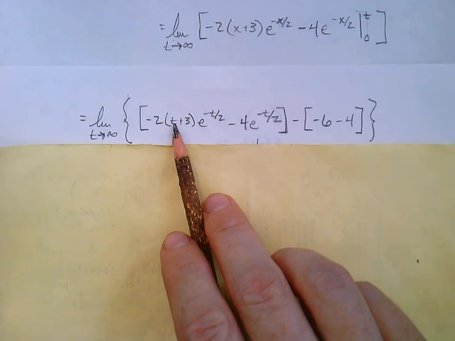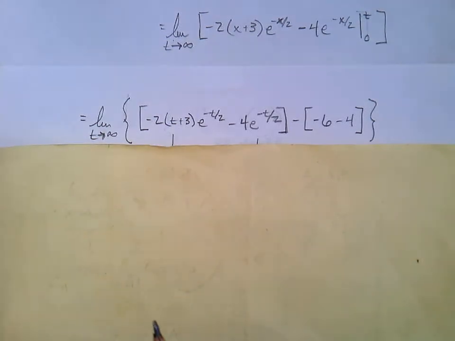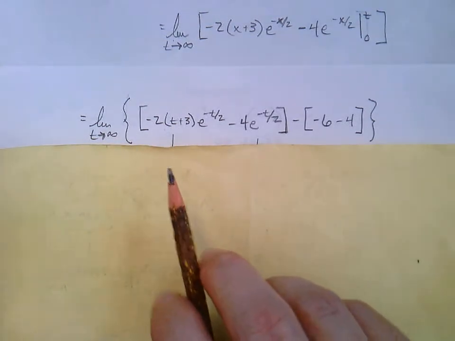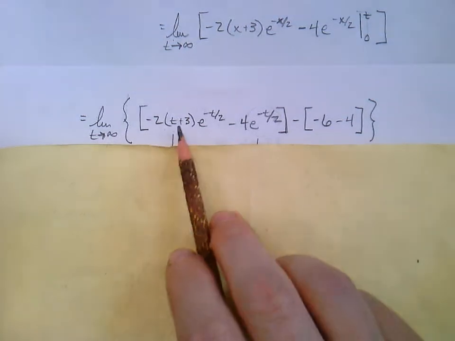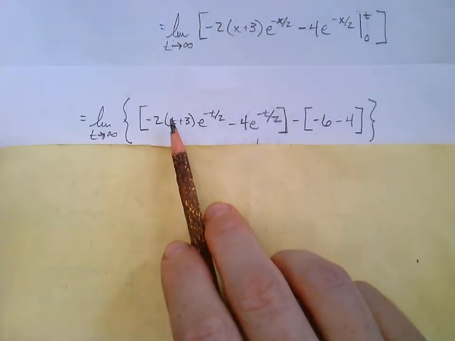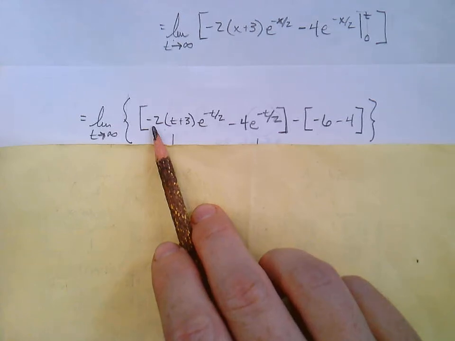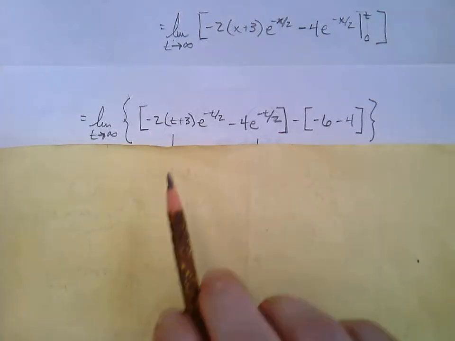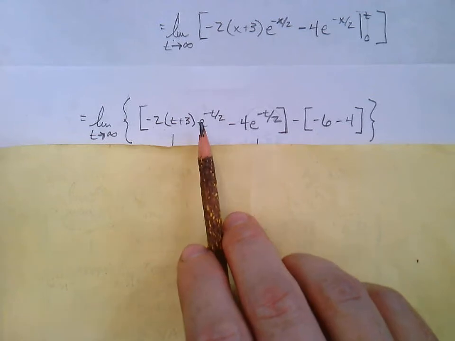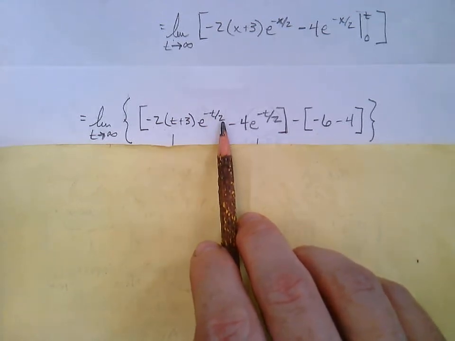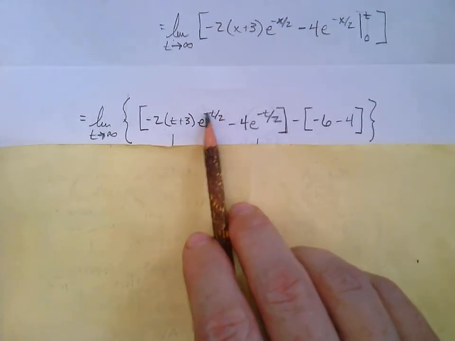Well, infinity is not truly mathematically correct, but it's helpful to wrap our head around it. If infinity went in there, then that'd be infinity plus 3. Well, that's infinity times negative 2, which is negative infinity. And if infinity went in here, that'd be e to the negative infinity, which is approaching 0.